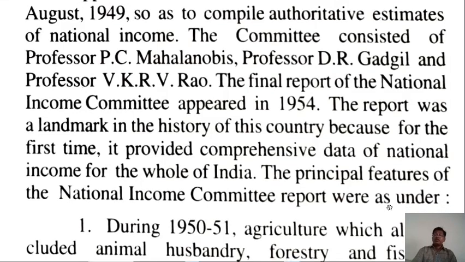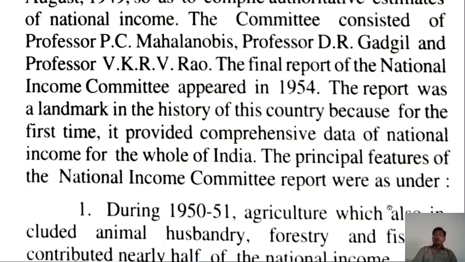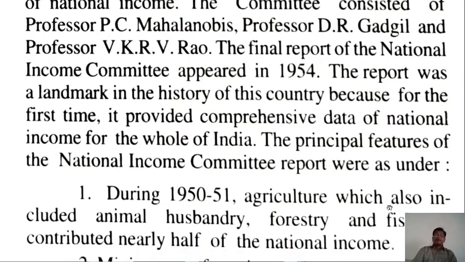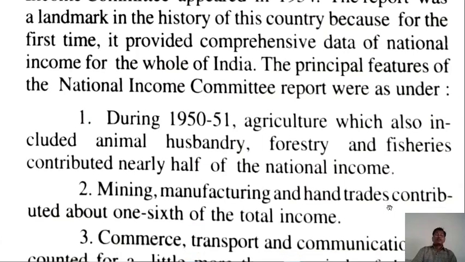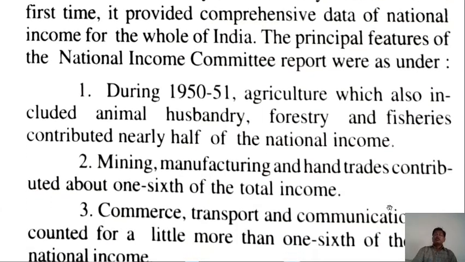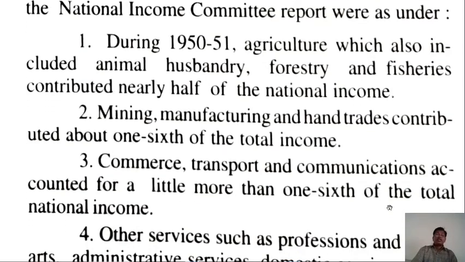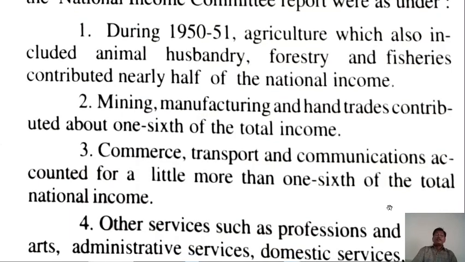The principal features of the National Income Committee report are as follows. First, during 1950-51, agriculture, which also includes animal husbandry, forestry, and fisheries, contributed nearly half of the national income.